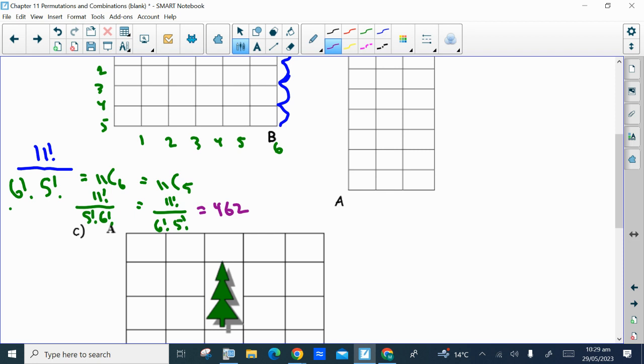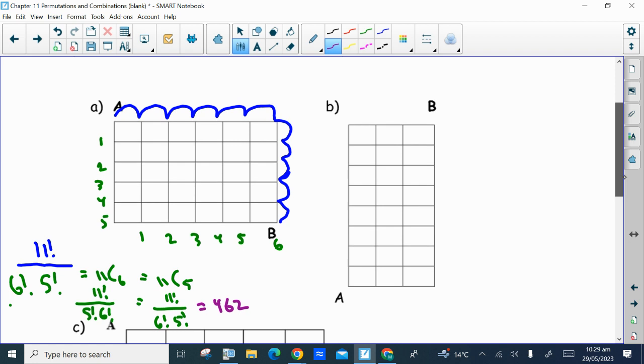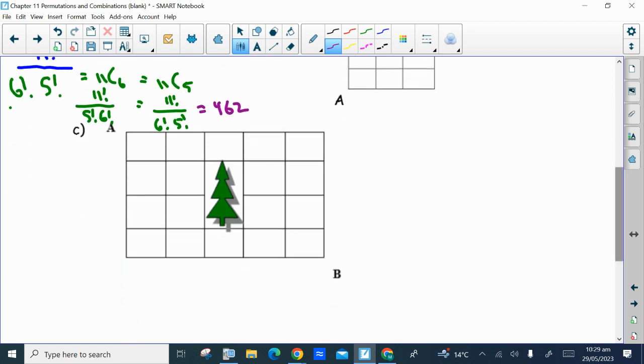And as long as your grids are full and complete, with no restrictions, nothing missing, you can use this method. So we could do the same thing for question B, but question C is different. You've got that hole or that piece in the middle of the grid that a person has to go around. So you could not use this method to get the answer to that one.